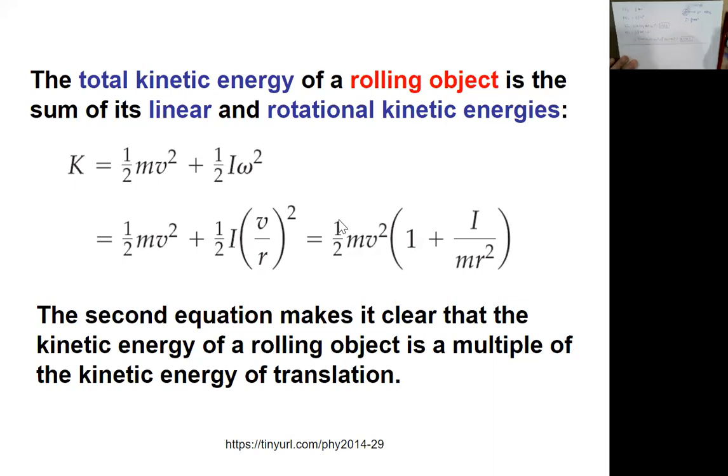So K is equal to 1/2 first term mv squared plus 1/2 I times v squared over r squared, because when you do v over r squared, you square the top and square the bottom as well. Now you want to rearrange or modify this term a little bit.